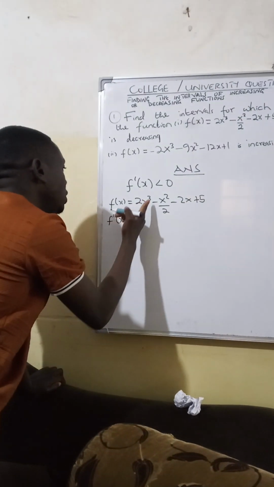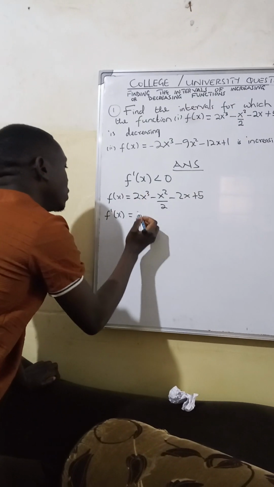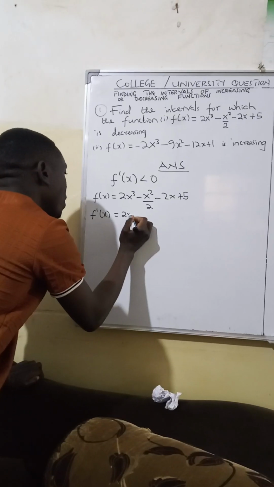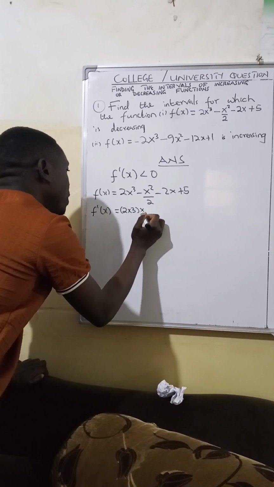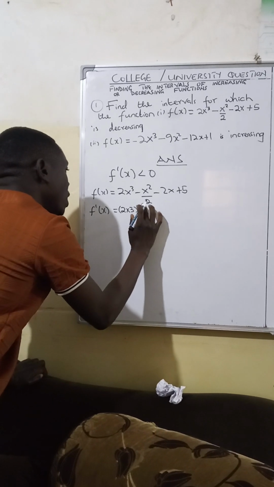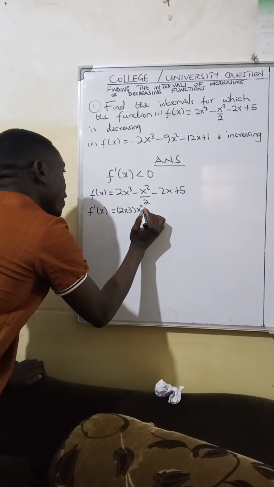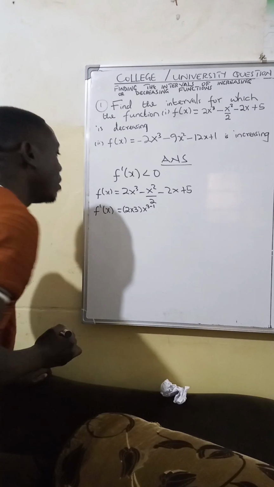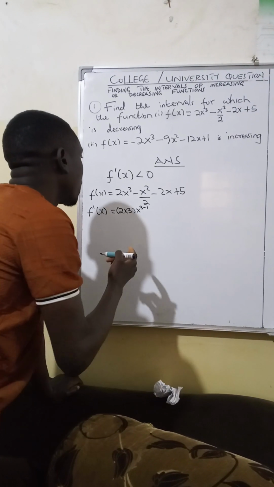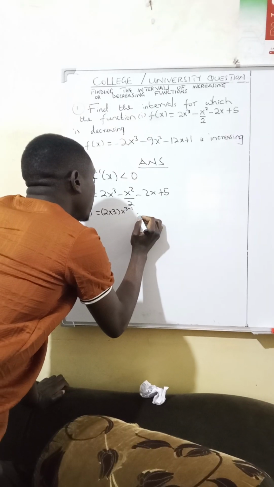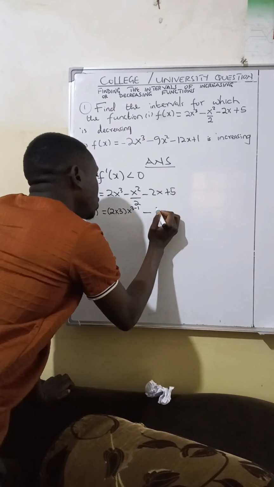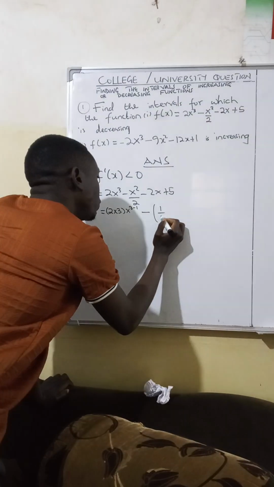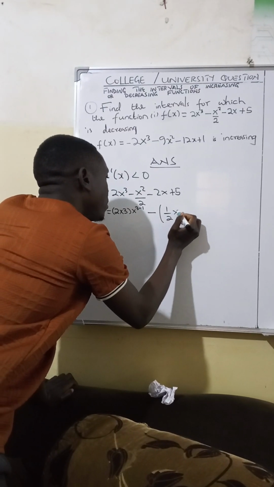So in differentiating, multiply the coefficient with the power, then the power reduces by 1. Again here, I have minus. The coefficient of this term is 1 over 2 multiplied by the power 2.